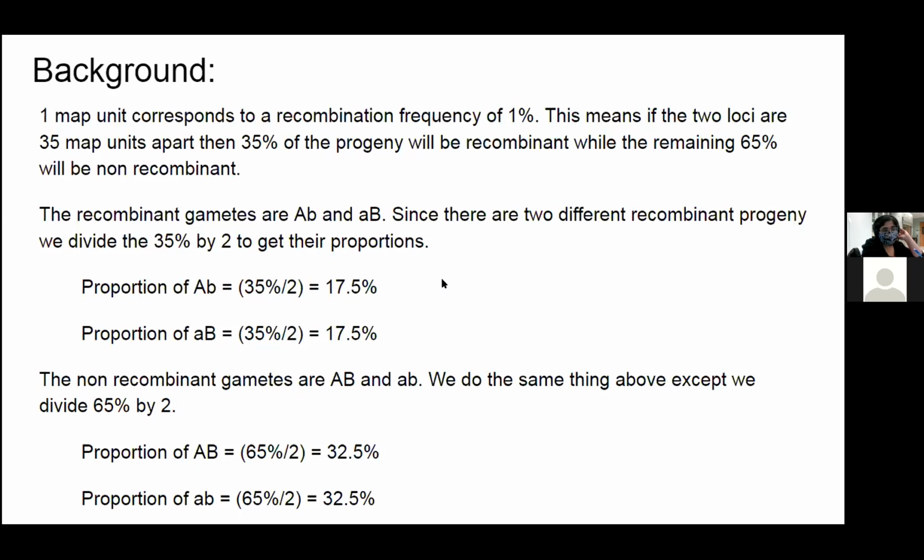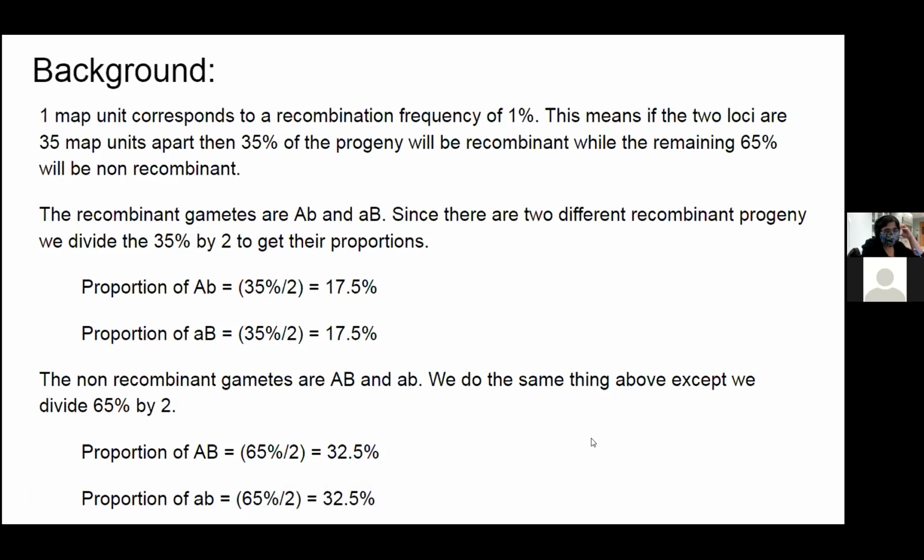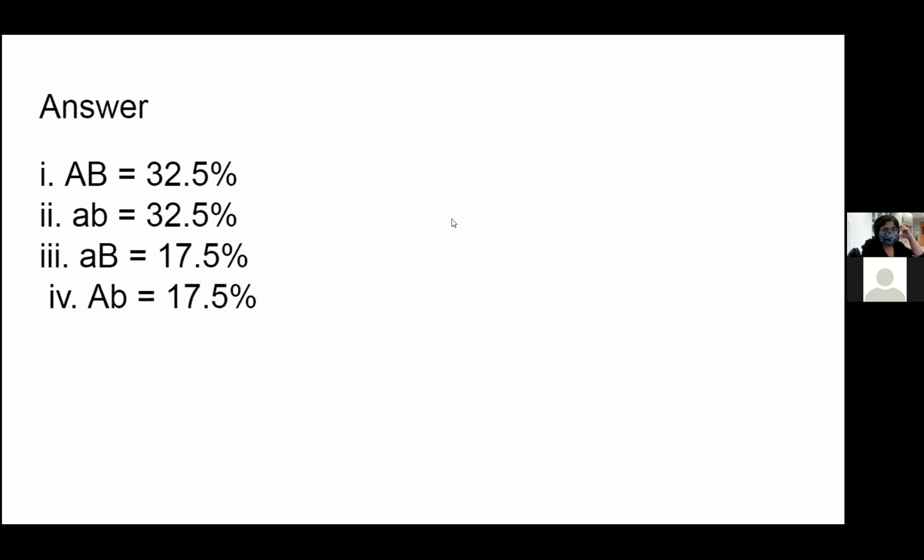And I did the same thing as above, except divided the 65% by 2 and got the proportions for big A, big B equal to 32.5%, and the proportion of little a, little b equal to 32.5%. Those were just the answers from the previous slide.